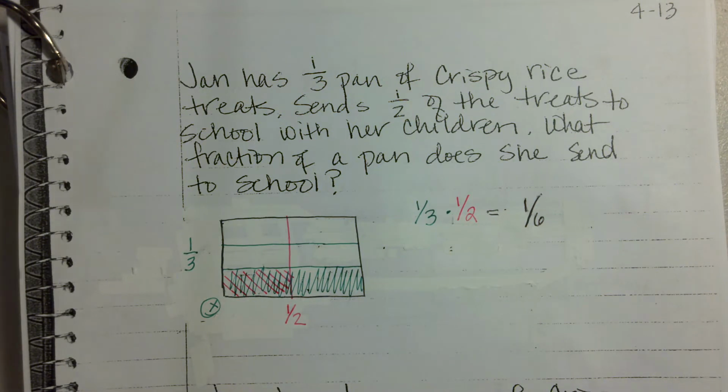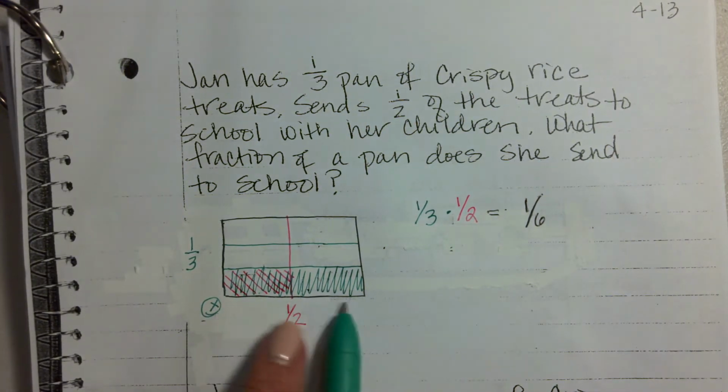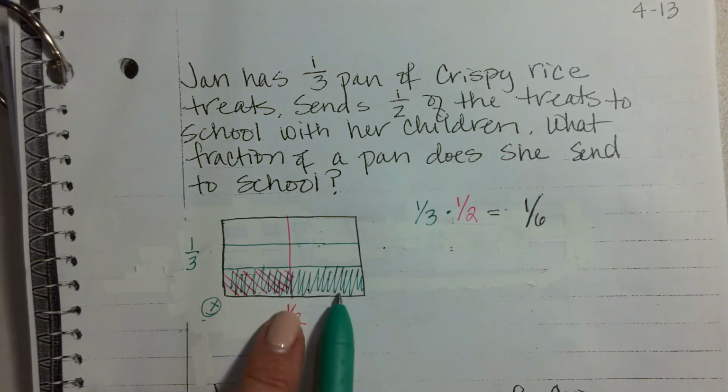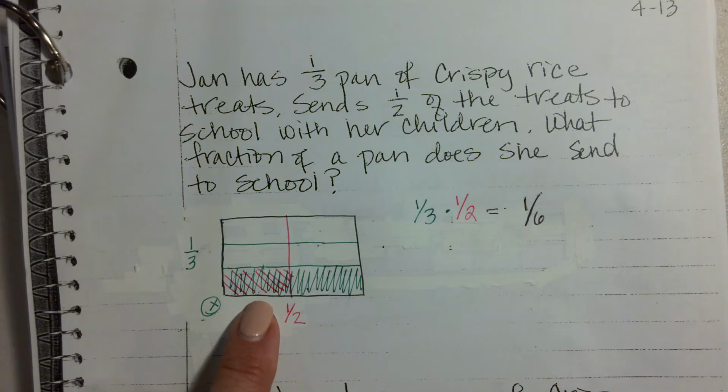So when we split this into 2 equal parts, because we had to cut the whole into half, and shade in only one of them. All right. So again, now I have 2 different size shaded units, right? All right.